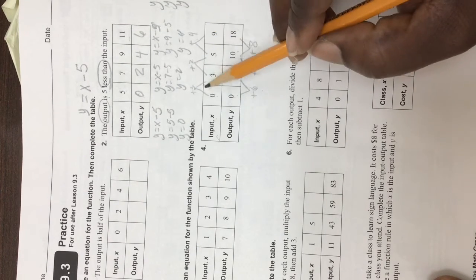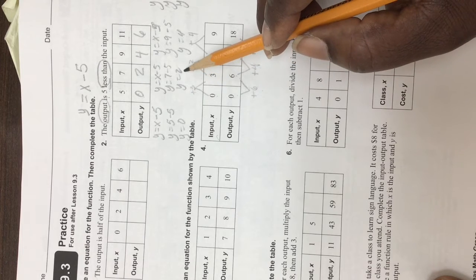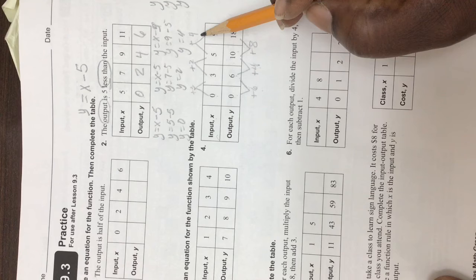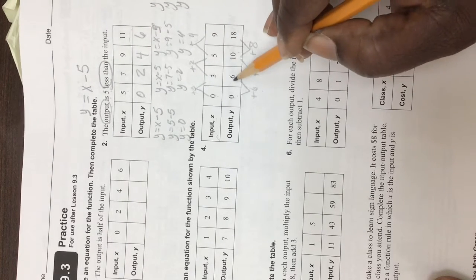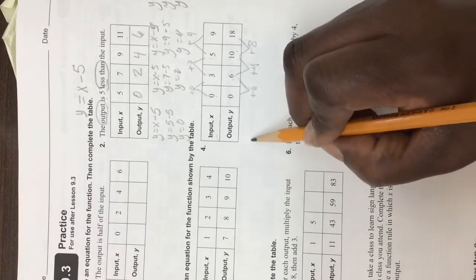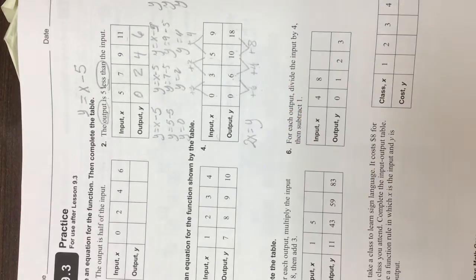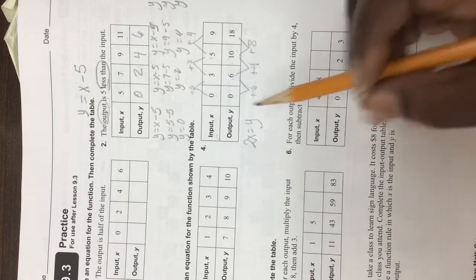So every time, it looks like we multiply by 2. From 3 to 6 is times 2. From 5 to 10 is times 2. From 9 to 18 is times 2. So 2x is equal to y. Well, let's check it.